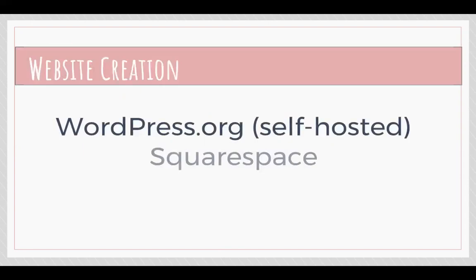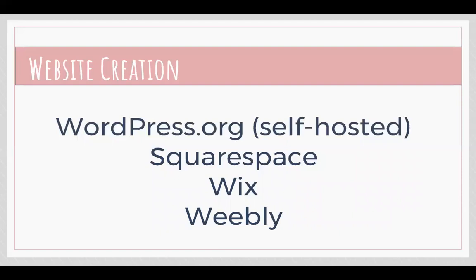So let's talk about website creation just a little bit. There are so many places to create a website, and you could use Squarespace, WordPress, Weebly, Wix. It can get super techy, or it can be pretty basic. And all of these are really wonderful platforms. I know a lot of people love Squarespace.